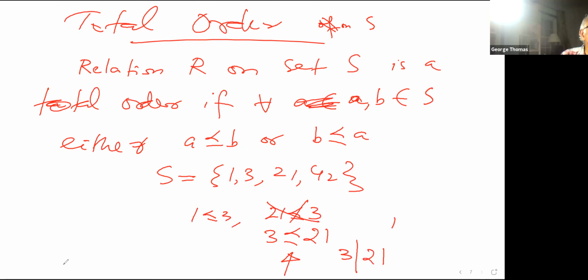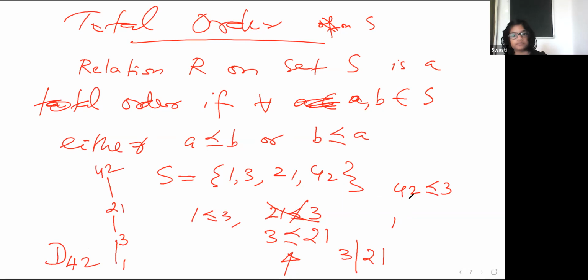This is that chain from D42, where we had 1, 3, 21, 42. Is 42 less than or equal to 3?